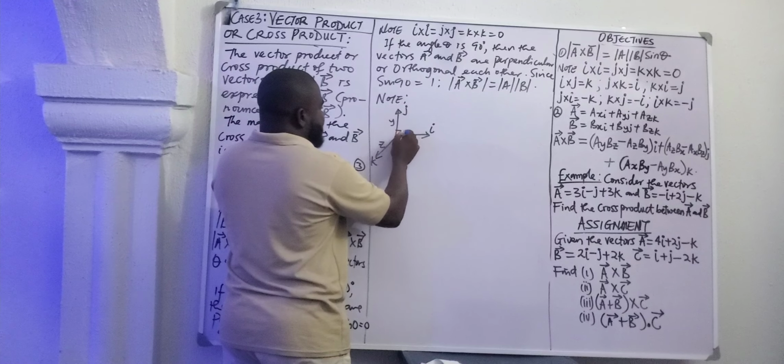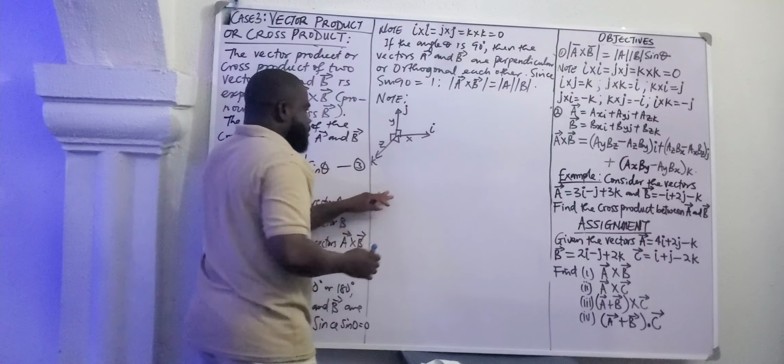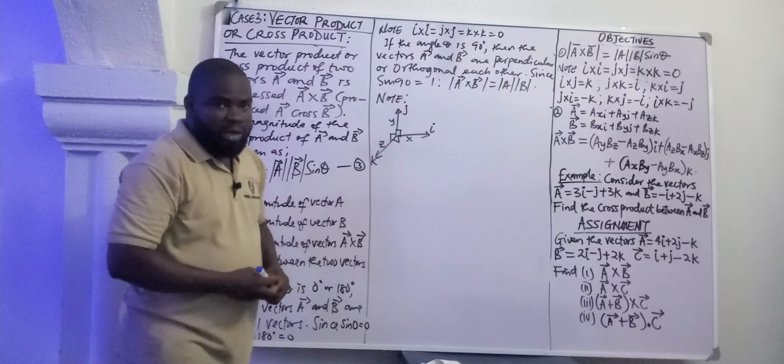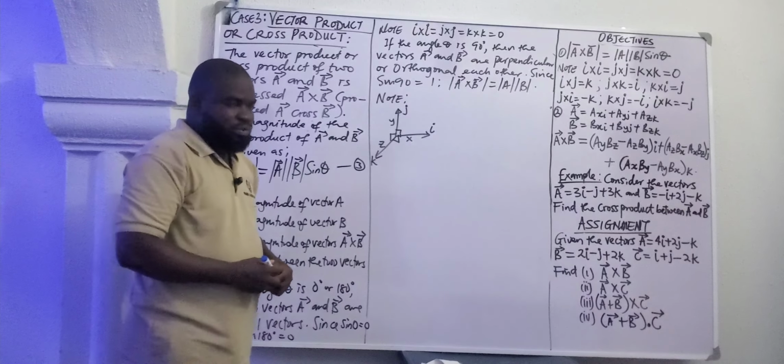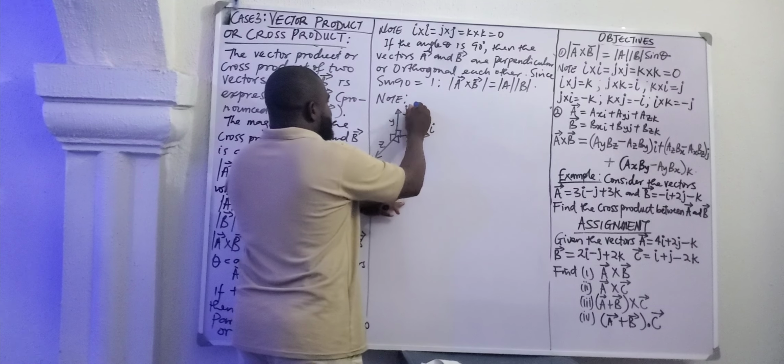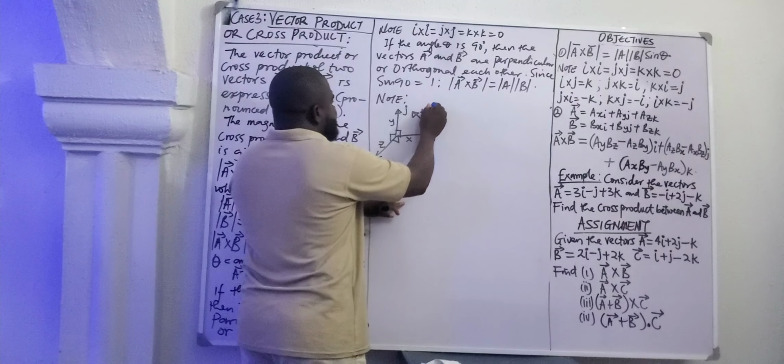All 3 of them are mutually perpendicular to each other. They are at 90 degrees to each other. So they are what? Mutually orthogonal to each other. Now, the anti-clockwise direction is taken as positive.